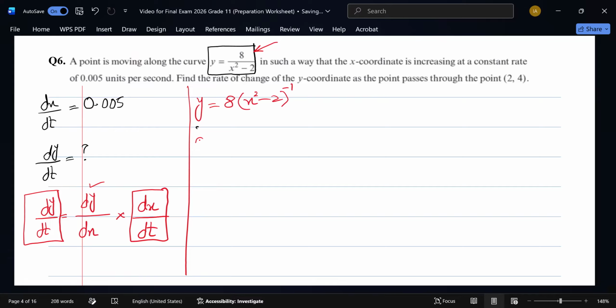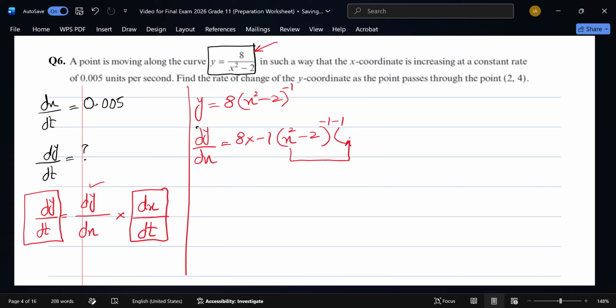Now we differentiate this equation, and what happens? First thing first, the power will multiply the coefficient, and there will be no change in the bracket. I subtract 1 from the power. In the second bracket, we differentiate whatever we have inside the bracket.